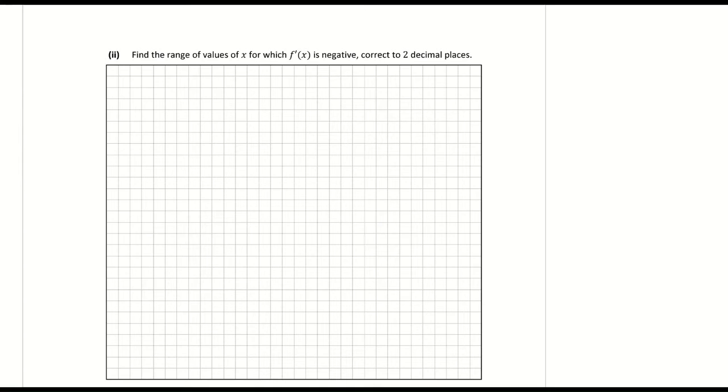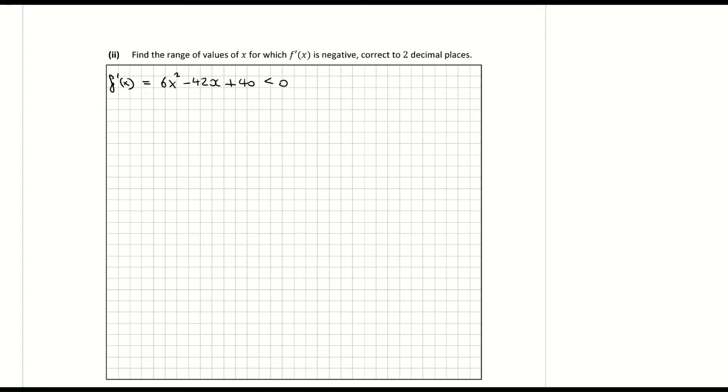Part 2. Find the range of values of x for which f dash of x is negative. So this is the derivative is negative. So my derivative from the previous part of the question was f dash of x is equal to 6x squared minus 42x plus 40, and I'm looking for less than 0.